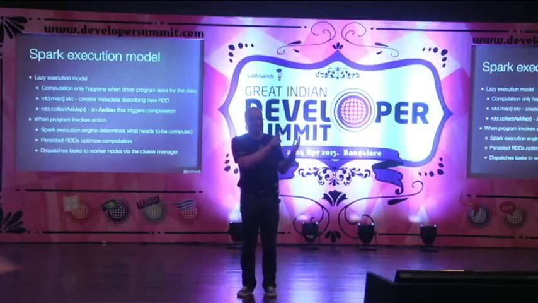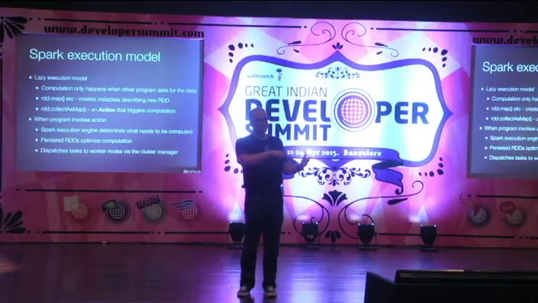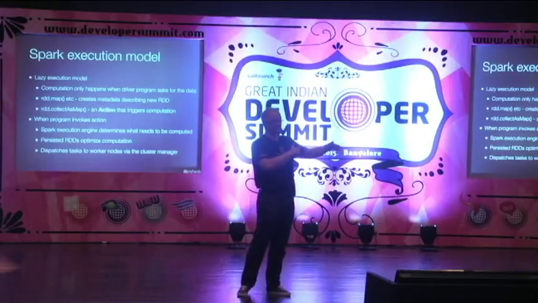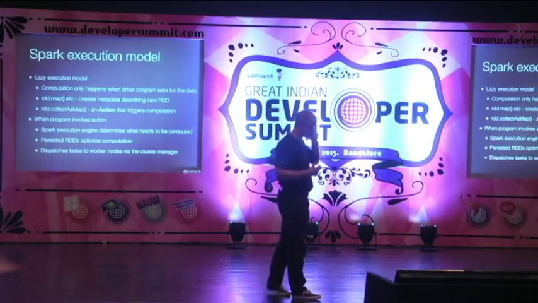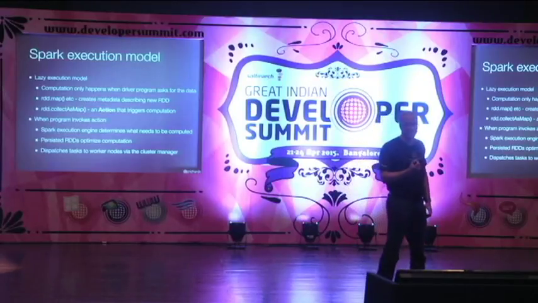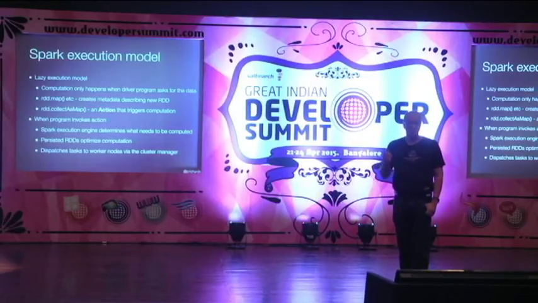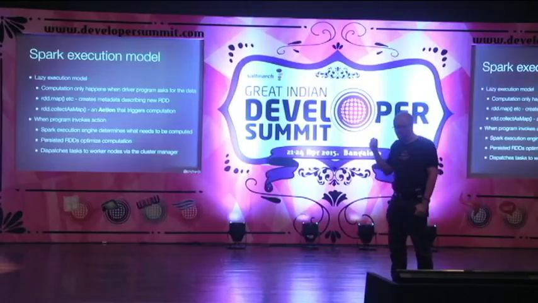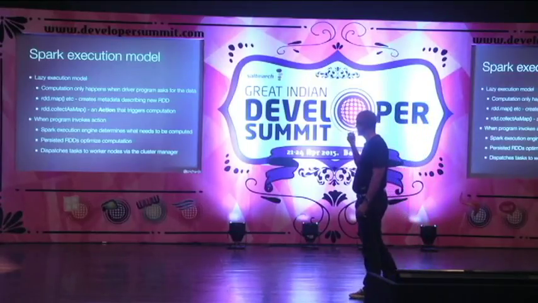It just creates metadata saying this RDD is derived from that RDD by mapping this function over it, for example. And it's only when you actually ask for the data by invoking an action method such as collectAsMap that any computation actually happens.